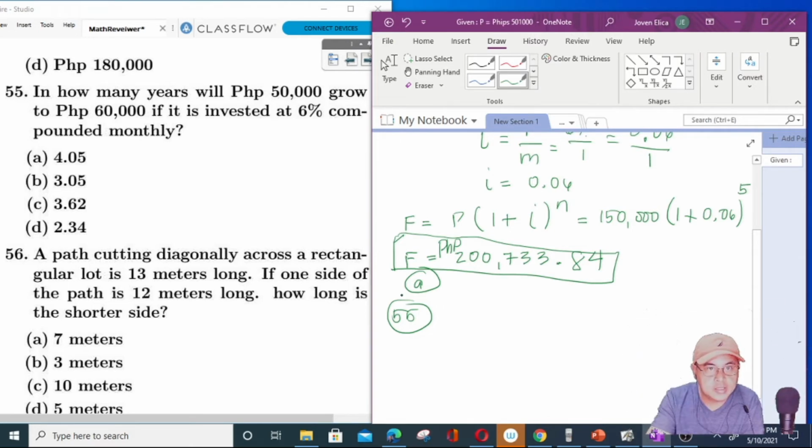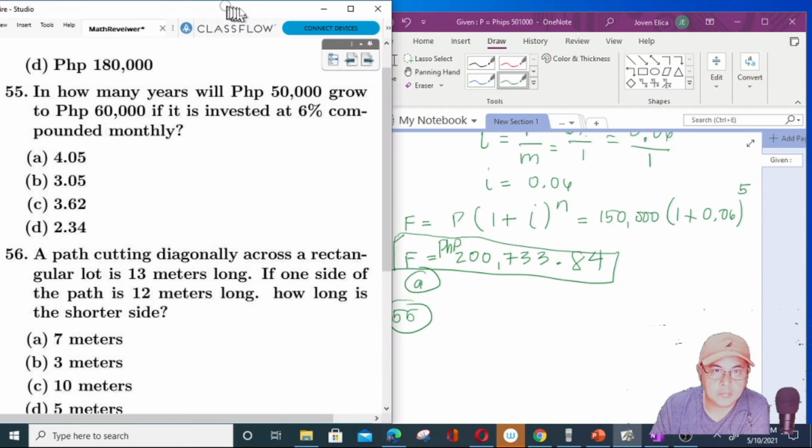Number 55: in how many years will 50,000 pesos grow to 60,000 pesos if it is invested at 6% compounded monthly? Compounded monthly.